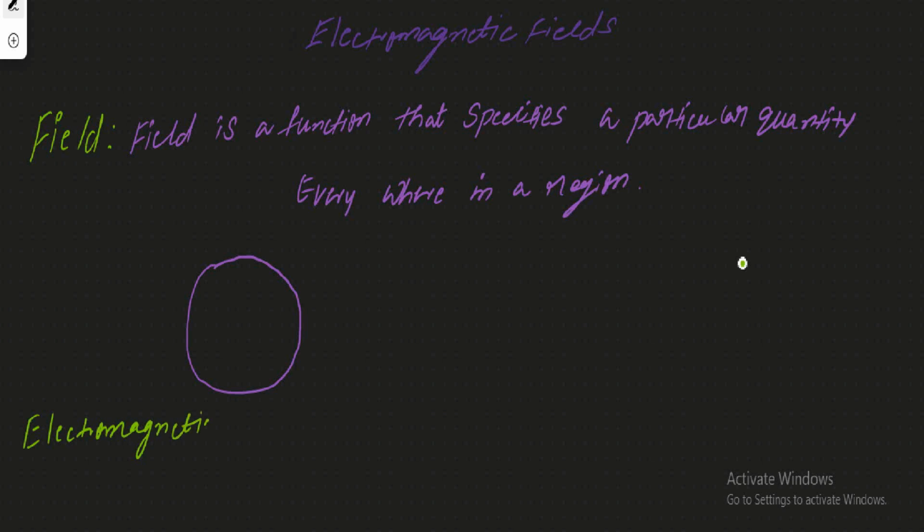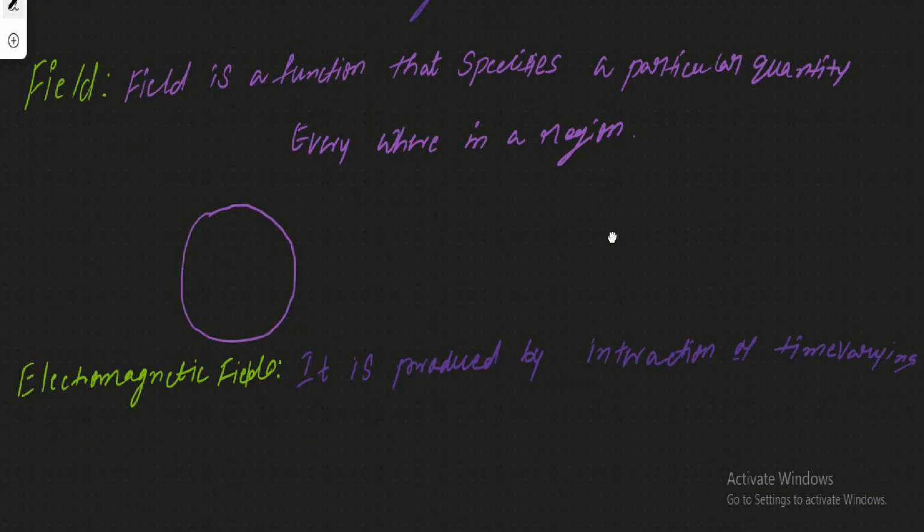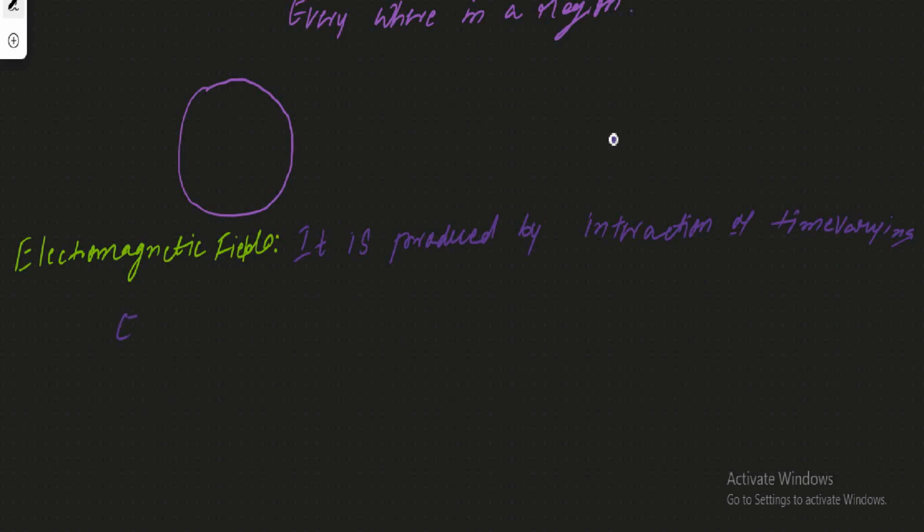It is produced by the interaction of time varying electric and magnetic fields.